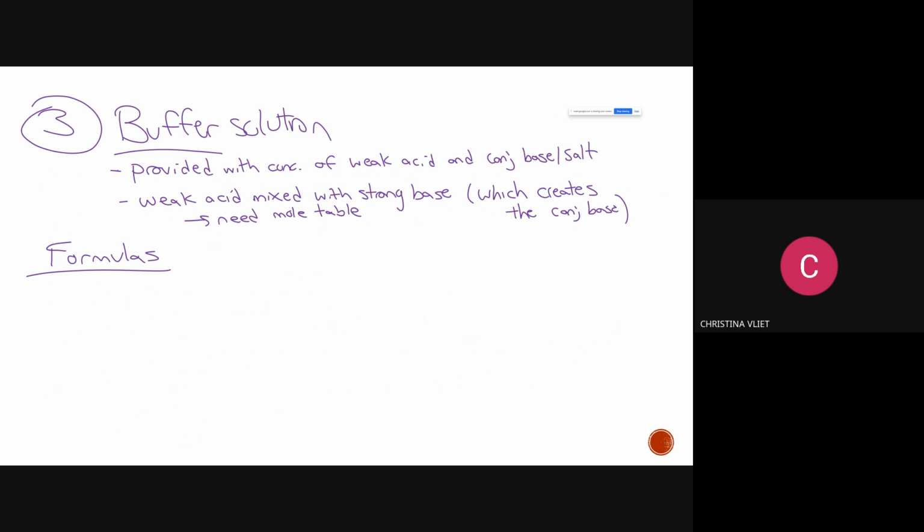H plus equals, you can call it ask, acid over salt times Ka, or you could do H plus, the same exact formula, acid over conjugate base times Ka. But understanding that this is the weak acid, not strong, and this is a conjugate base, not strong base. So it's either ASK or APK, your choice.